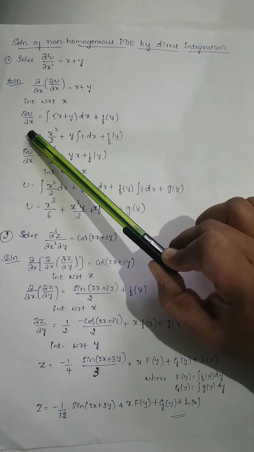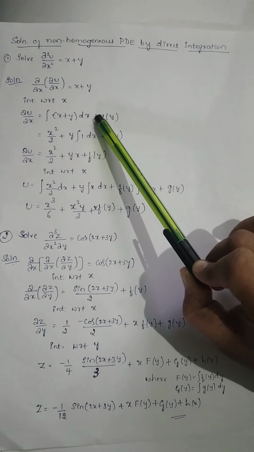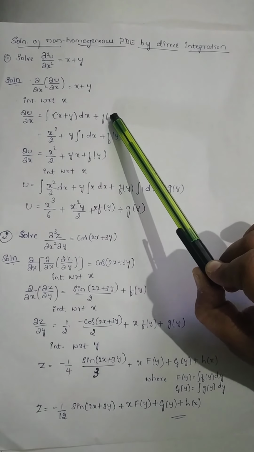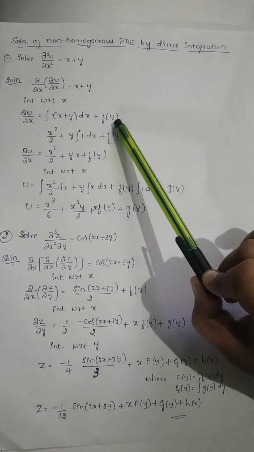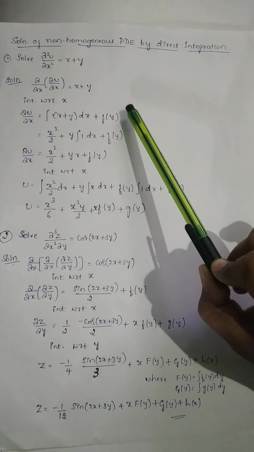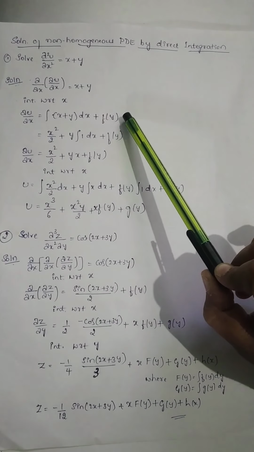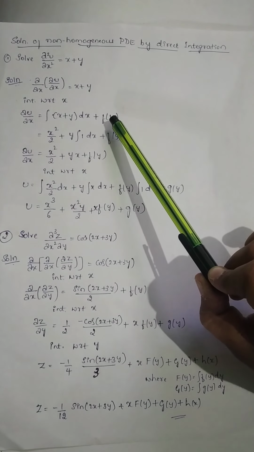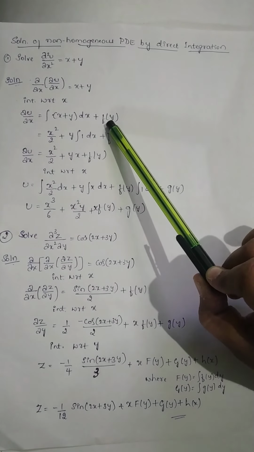Now in the RHS, we are integrating with respect to x, treating y as constant. So integration of x plus y into dx is to be written, plus an integration constant, which is written as an arbitrary function of y, as y is a constant here.